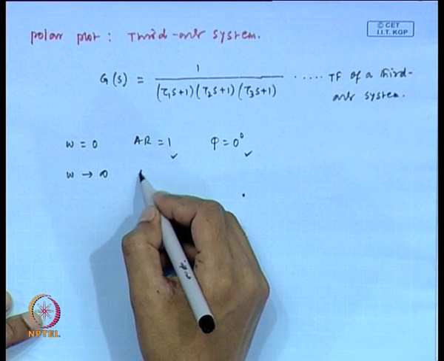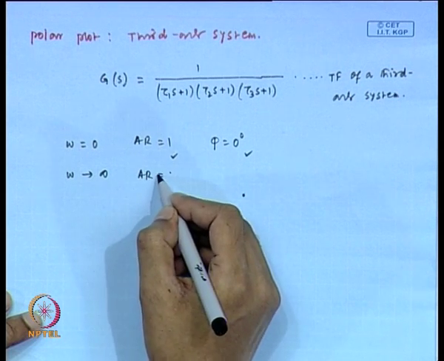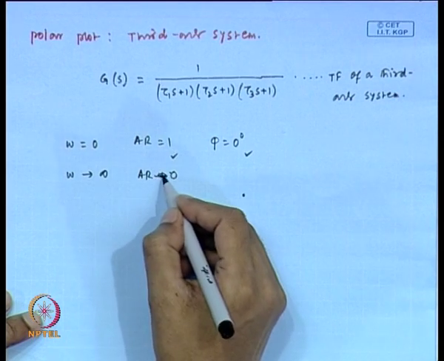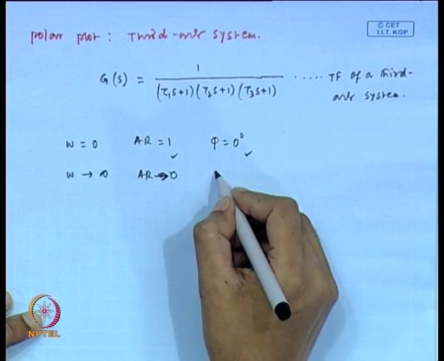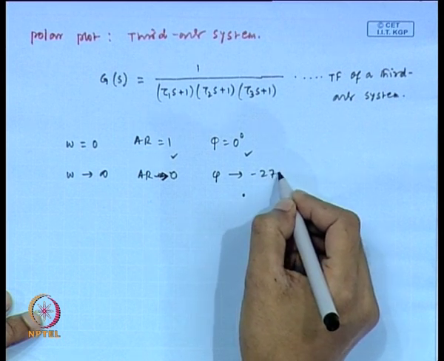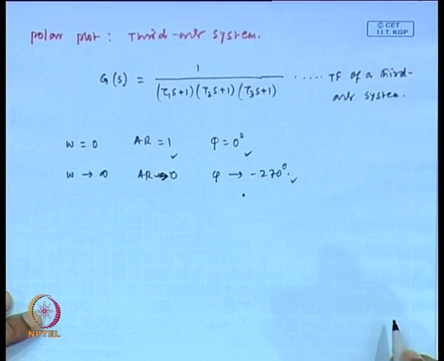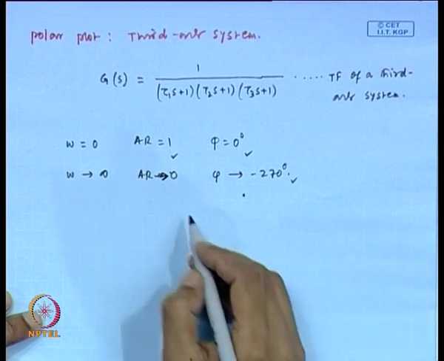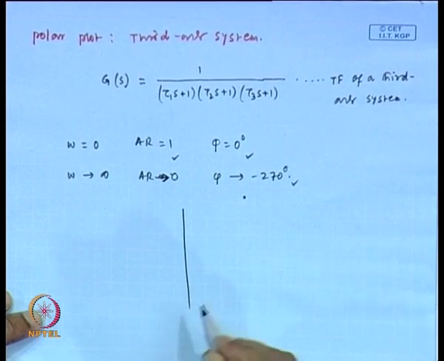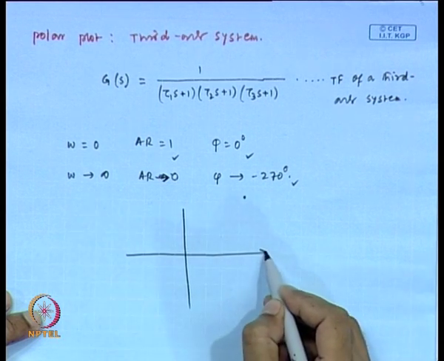Similarly, when omega tends to infinity, amplitude ratio tends to 0 and phi tends to minus 270 degree. For the first order system, we obtain minus 90, for second order system minus 180 and for third order system minus 270. Fine. Similarly, we can generate some intermediate data.